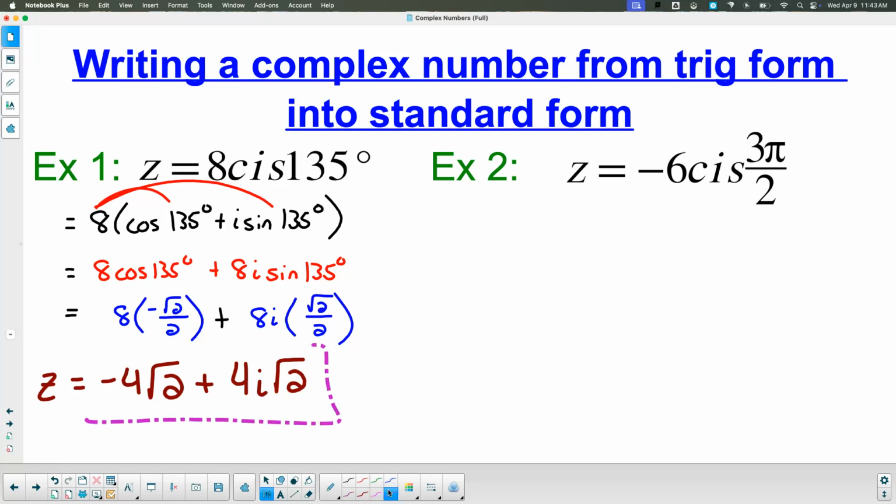And there is your standard form. Or if you chose to write it too, you could always go like that. Oops, tap the brakes. I was still on the negative 4 square roots of 2 plus 4 square roots of 2 in parentheses i, then it truly is a plus bi. But I would also accept this one.